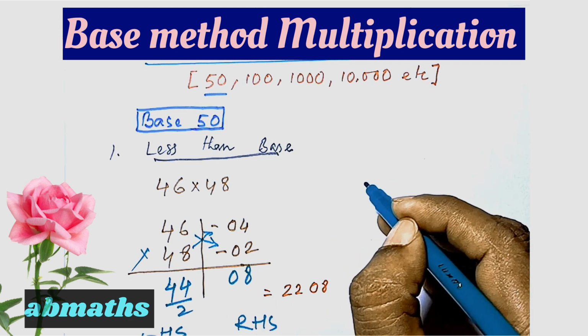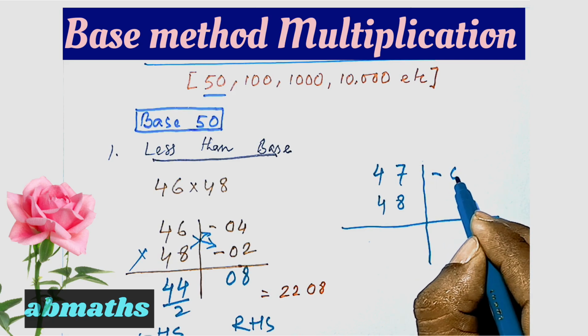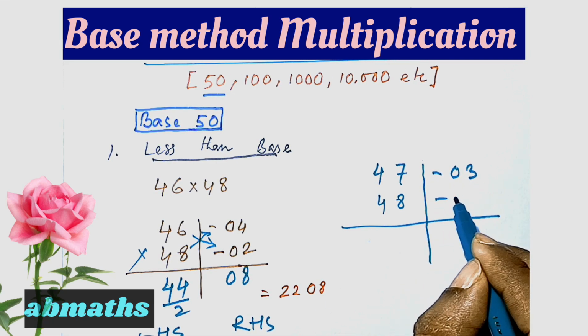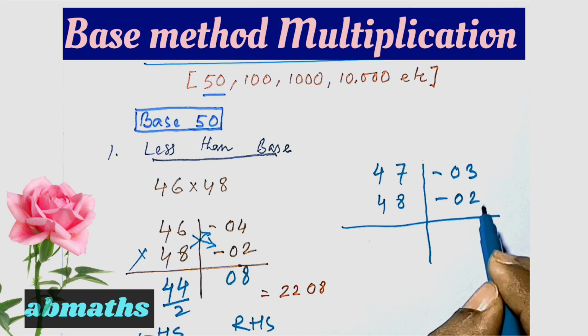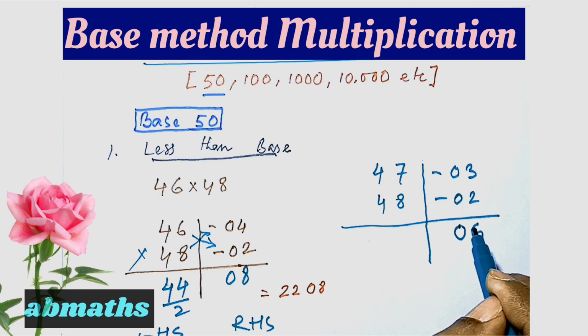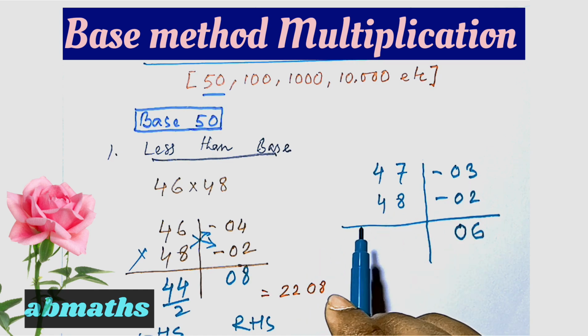Let us take another example. So 47 is 3 away from 50, and 48 is 2 away from 50. So 3 twos are 6, and we write a 0 here. The difference between 47 and 2 is 45, and 48 and 3 is 45.